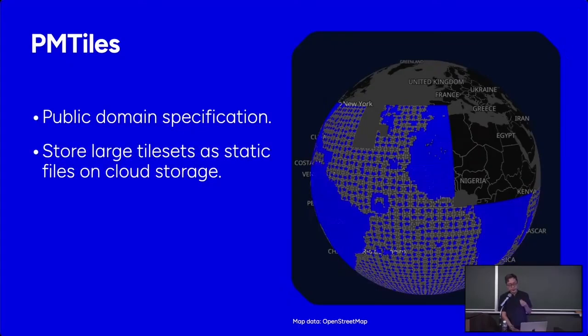And in essence, you are able to store a very small or even very large tile set as only a static file on cloud storage. Cloud storage means a service like Amazon S3 or Cloudflare R2 or Microsoft Azure. Those cloud storage services are a commodity. You can find services to store objects in the US, in Japan, in Asia, or elsewhere.